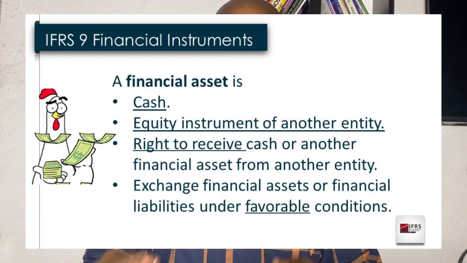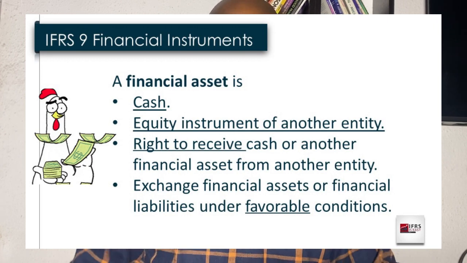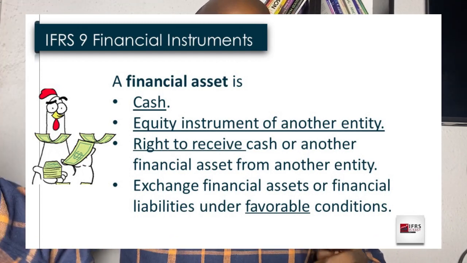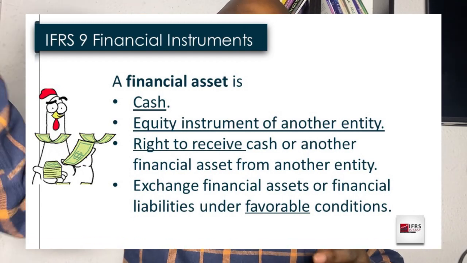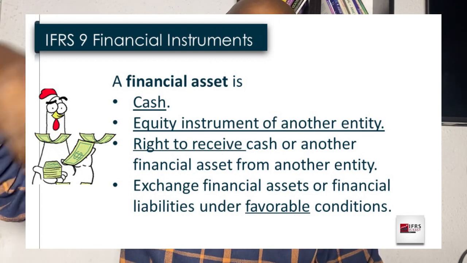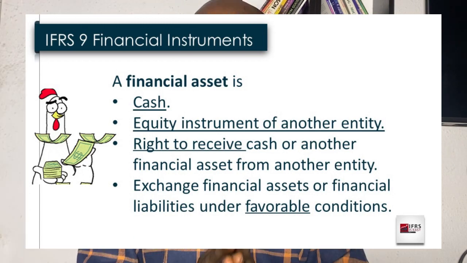And so if you have the right to receive cash as a result of a particular transaction, then you have a financial asset. Now, you take note that everything that we have been saying has to do with cash, because the major crux of financial assets, financial liabilities, and equity is that cash must be involved.